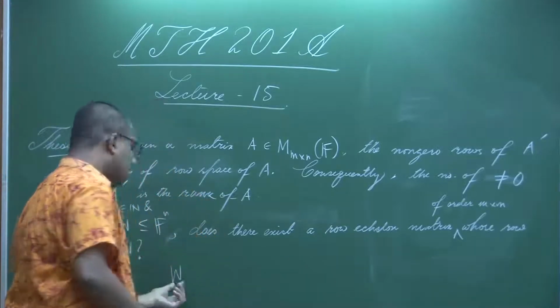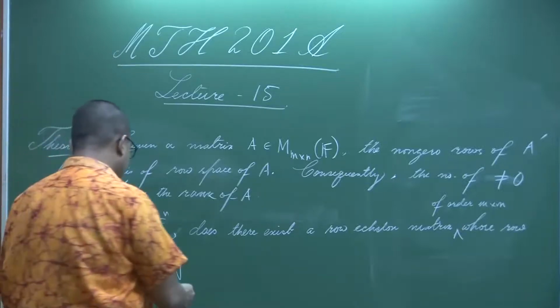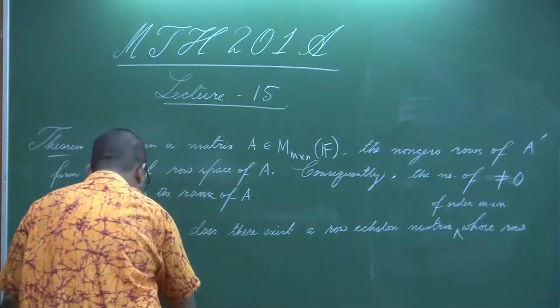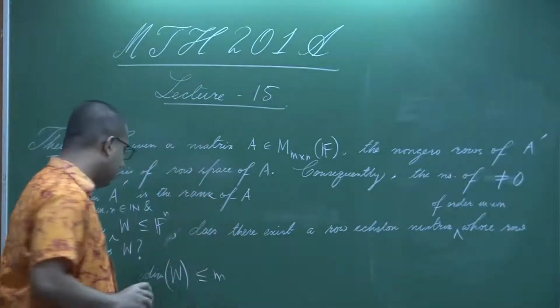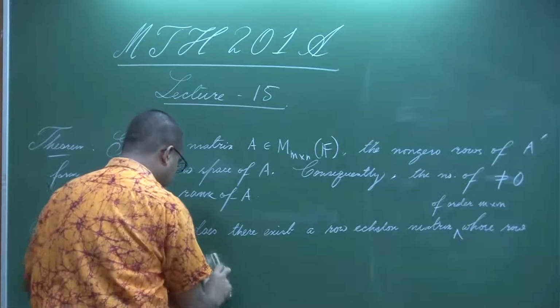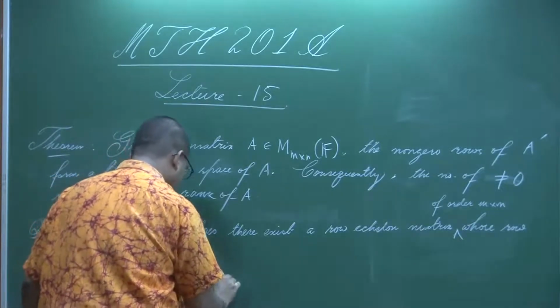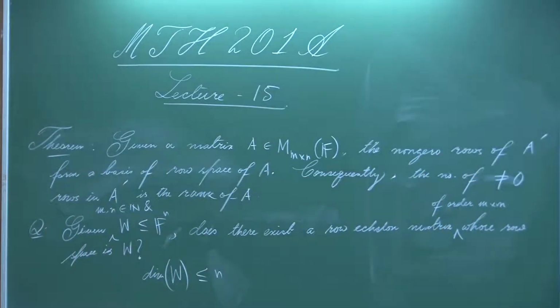W is generated by a finite set of elements, and in fact W can be generated by a set having at most n elements.